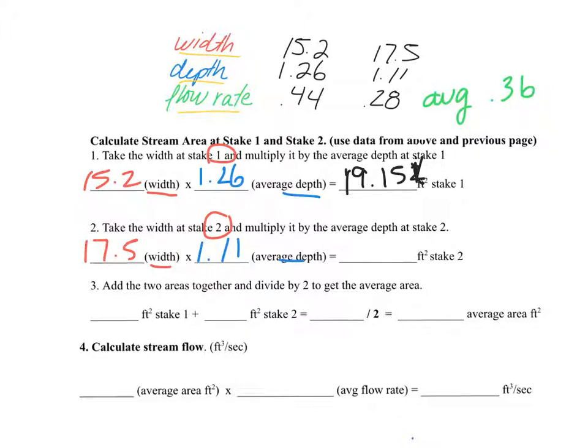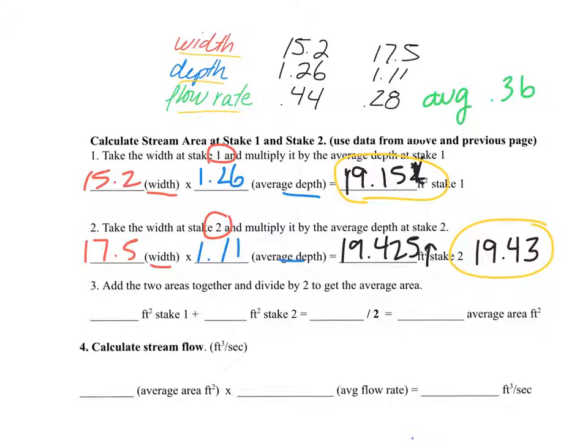And for my second calculation, 17.5 times 1.11, I've got 19.425. And that 5 rounds up, so I would record 19.43. So for stream area at stake 1 and stake 2, I have that piece of data.